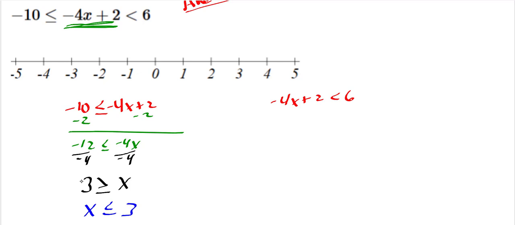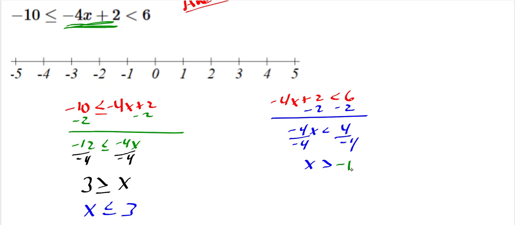Okay, so you can do that. Now, minus 2, so negative 4x less than 4, divide by negative 4, and I got x is greater than, I got to flip that inequality, right, because I've divided by a negative, and that's negative 1.